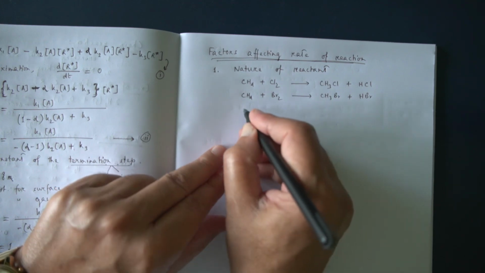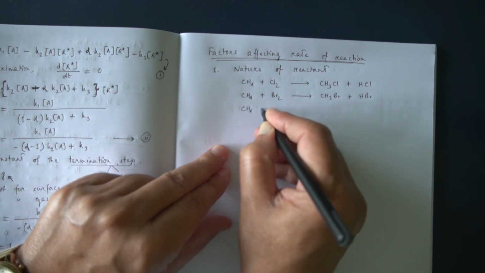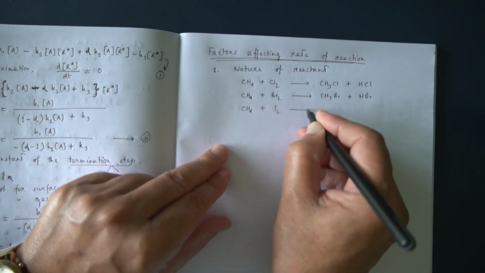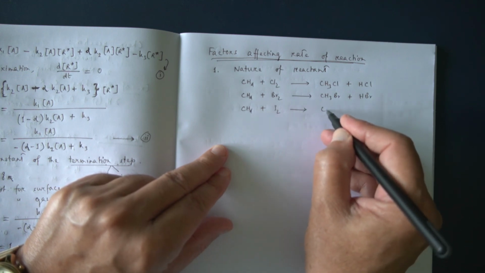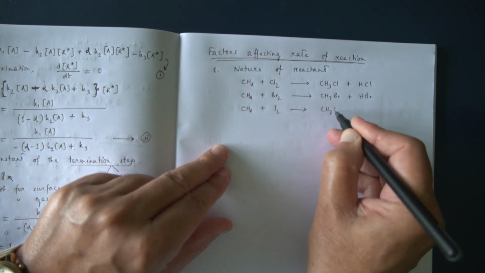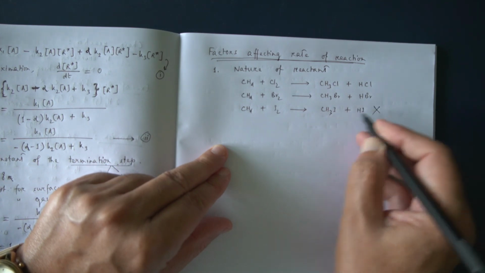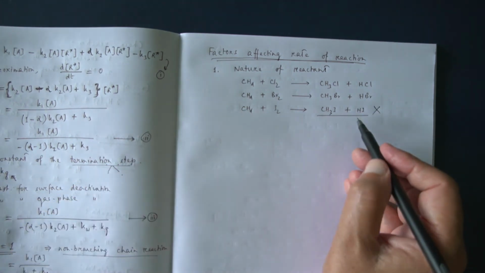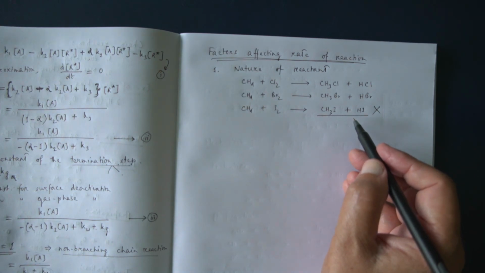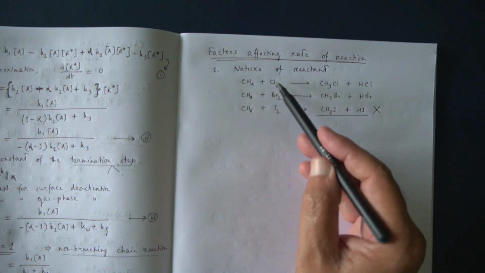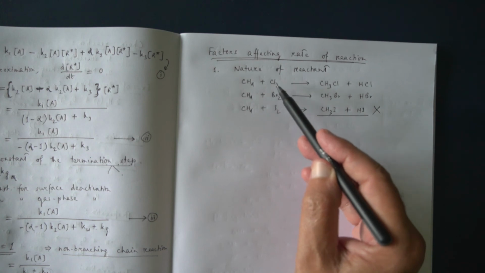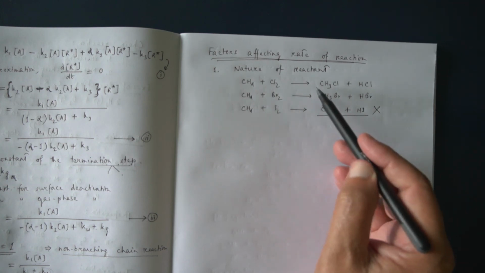Again, if you take iodine, this reaction does not take place under normal condition. So you see, as the nature of reactant changes, the rate of reaction changes.